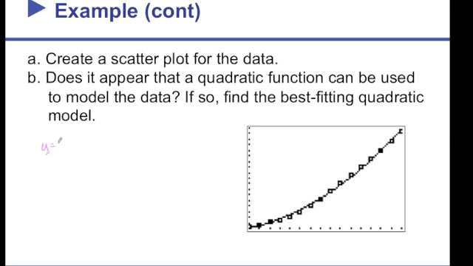Y equals 0.052 x squared minus 3.234x plus 66.656. So yes, it appears a quadratic function could be used to model, and here is our best quadratic model.